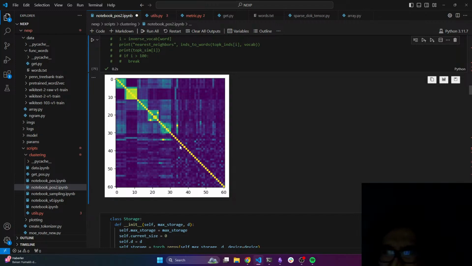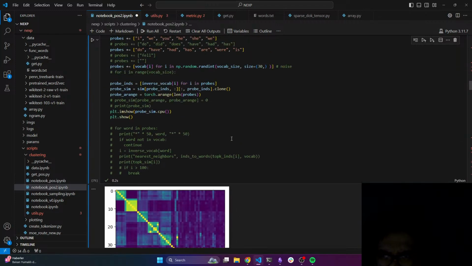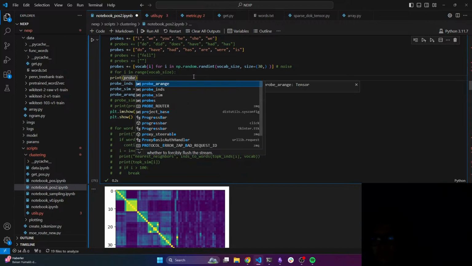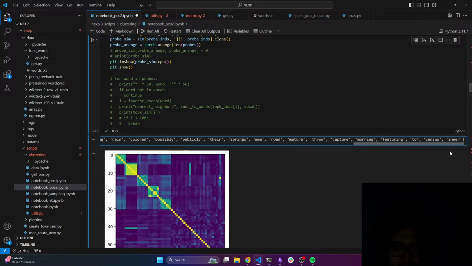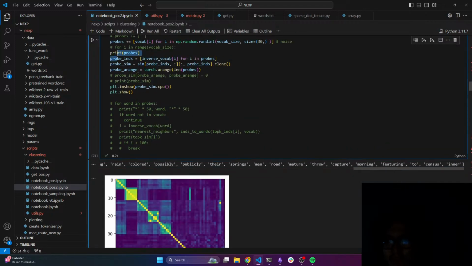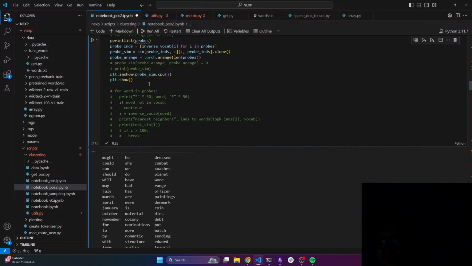Like the 1,000 most frequent contexts, it's not enough for these words to be similar to any of the others. Let's print the probes too, just for the sake of it. I think I should keep print list.